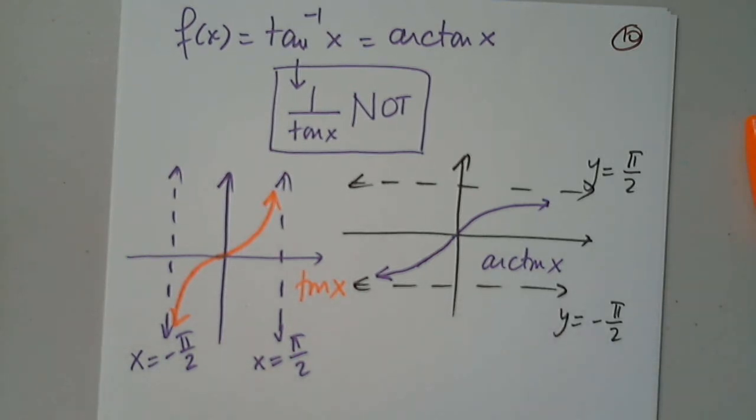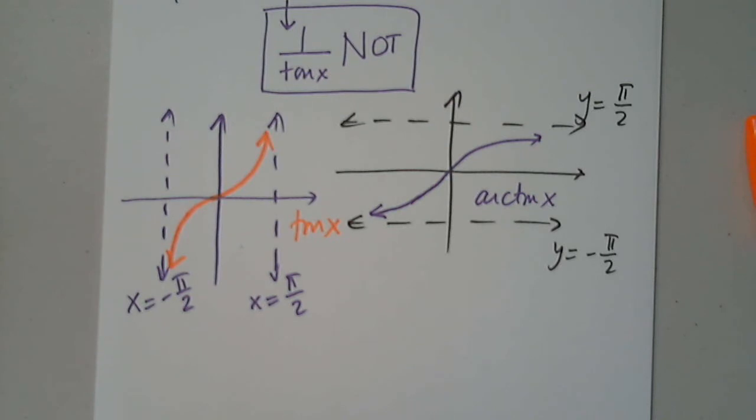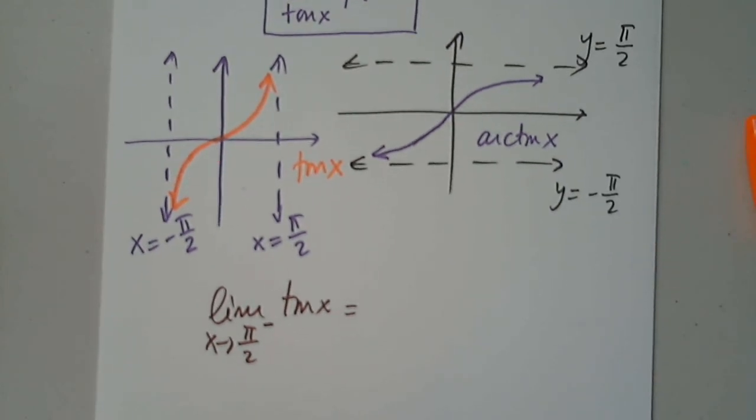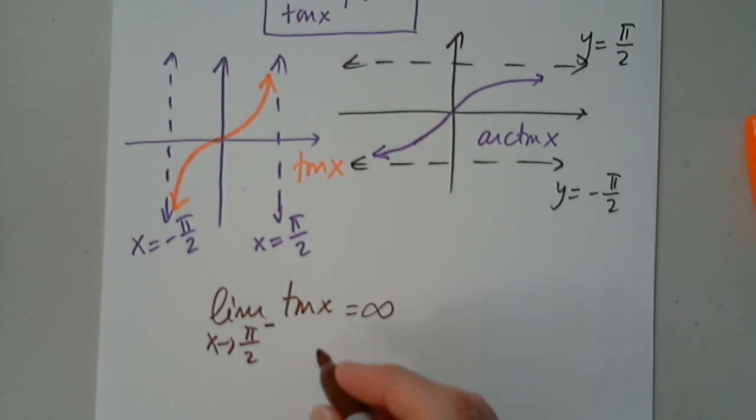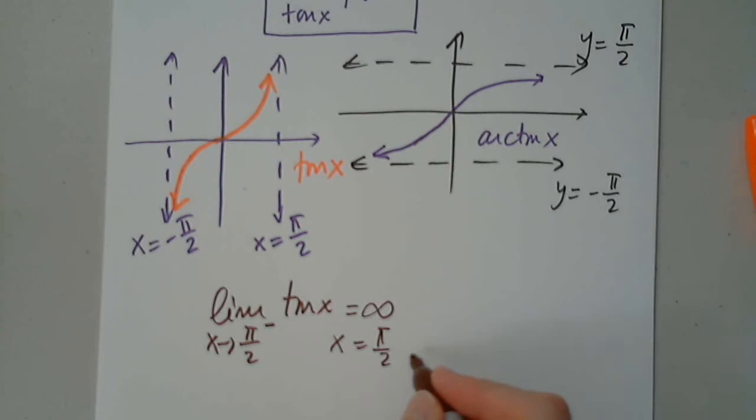So please remember, now if you are asked, what is the limit of tangent x as x approaches pi over 2 from the left? What would you say? Infinity. Yes, which means x equals pi over 2 represents?